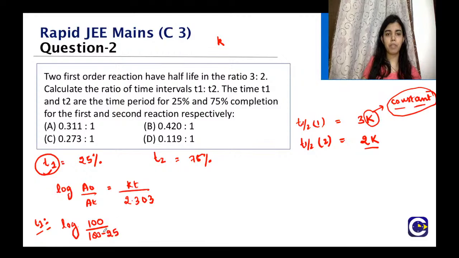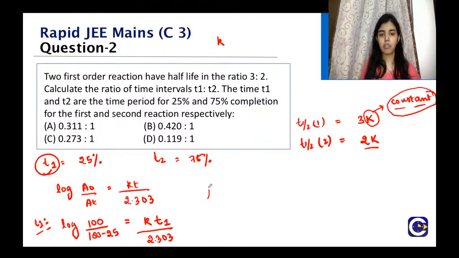Why? Because 25% has been decomposed. This will be equal to rate constant k into time divided by 2.303. Now we will take this time as T1, right? Now this will become log of 100 by 75 equals k.